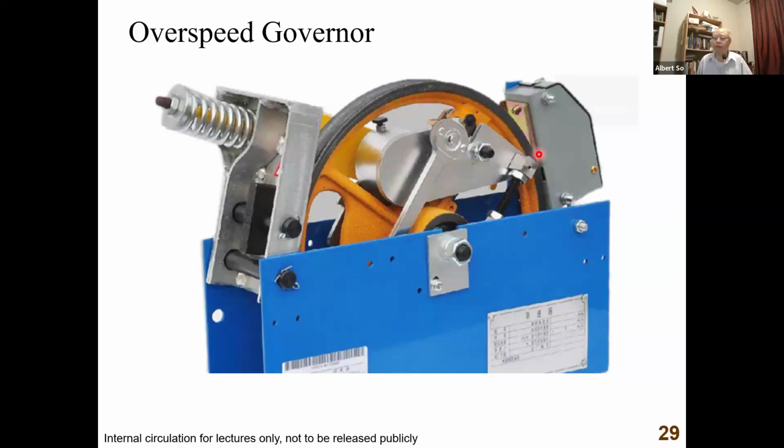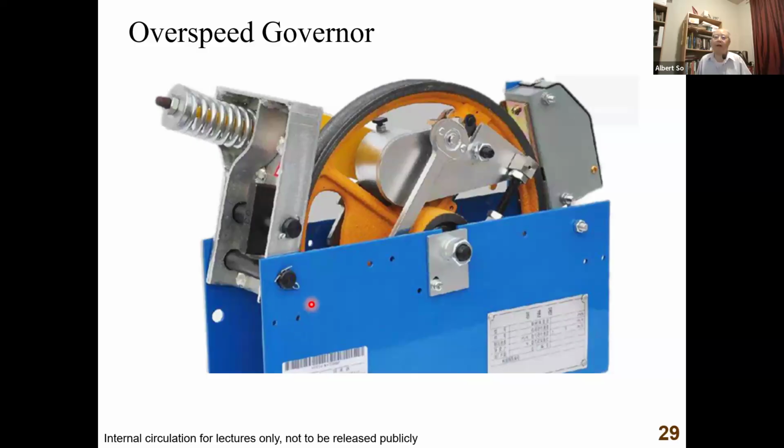So the rope will go down to the bottom, the pit of the lift shaft, where there's a tension pulley, and then around the tension pulley and go up again, and then attach to the bottom of the car. Okay.